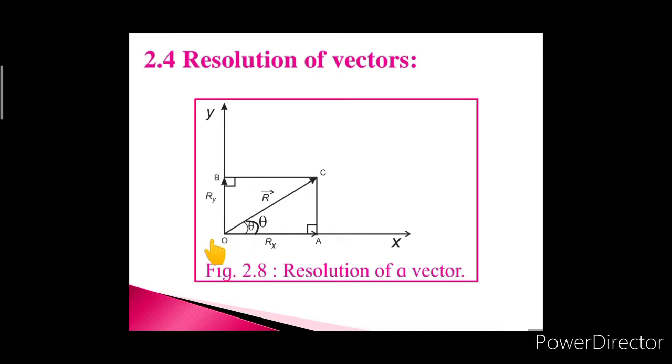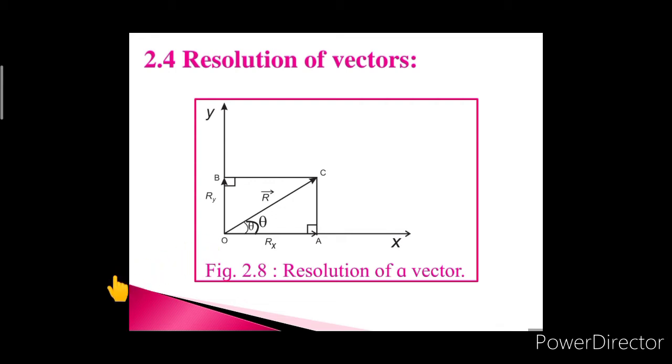As we are considering the resolution of the vector r along the x and y axes, and these axes are mutually perpendicular to each other, the components found along these perpendicular directions are called rectangular components.